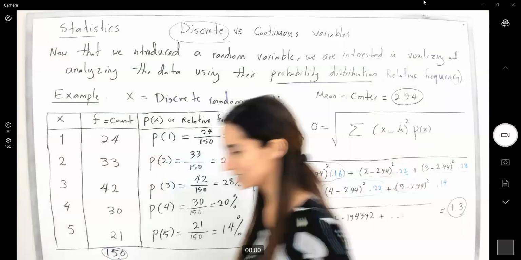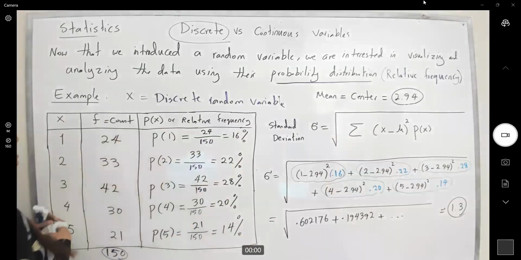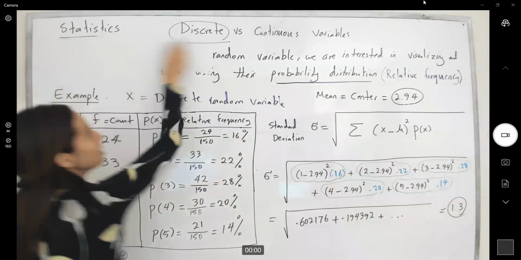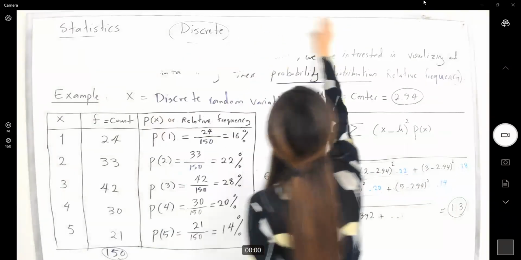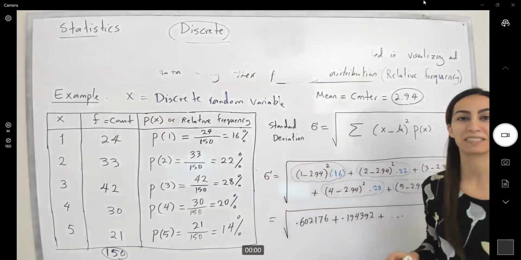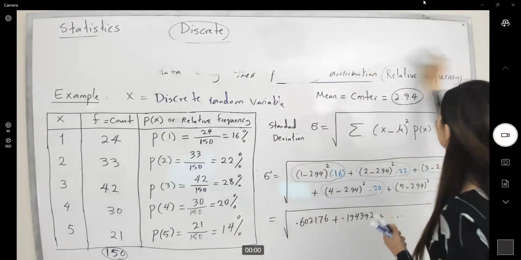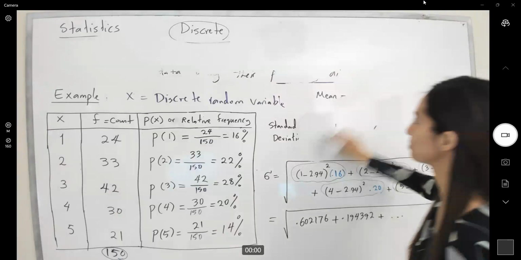Very well. So when we're talking about a discrete random variable, we have a very important experiment related to this discrete random variable. We call it a binomial experiment.